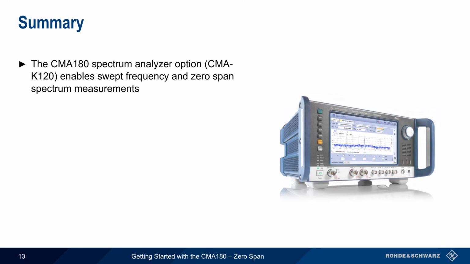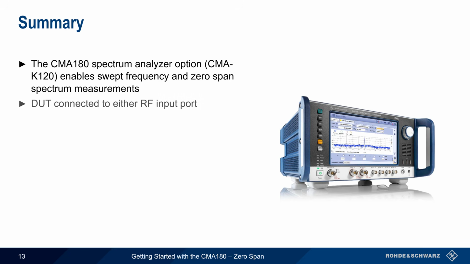Let's end with a brief summary. The Rohde Schwarz CMA180 radio test set can perform both swept frequency and zero-span measurements when equipped with the K120 license option. In this presentation, we focused on zero-span mode, with frequency sweep mode being the topic of a separate presentation.